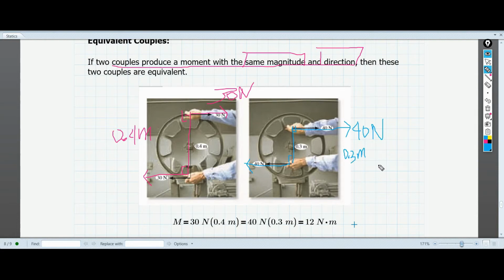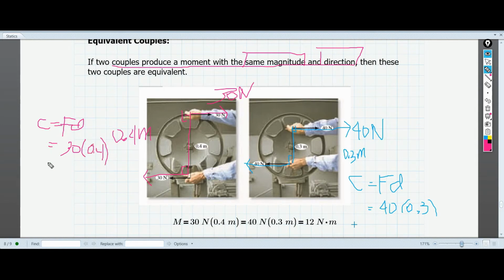Okay. Ngayon, kapag kinuha natin yung couple dito, C is equal to FD or 40 times 0.3. Tapos sa kabila din, kinuha natin yung couple dyan, FD is equal to 30 times 0.4.